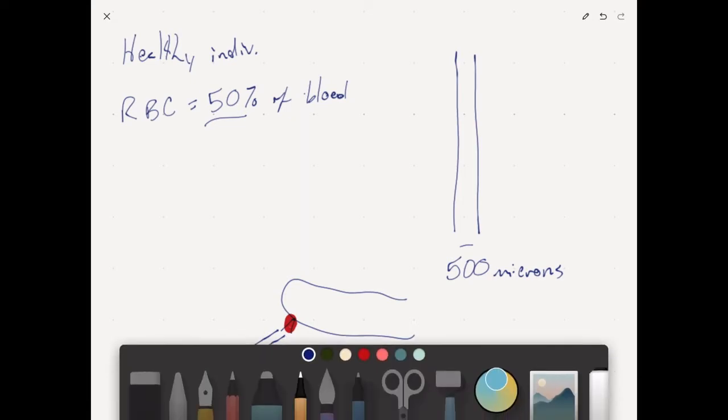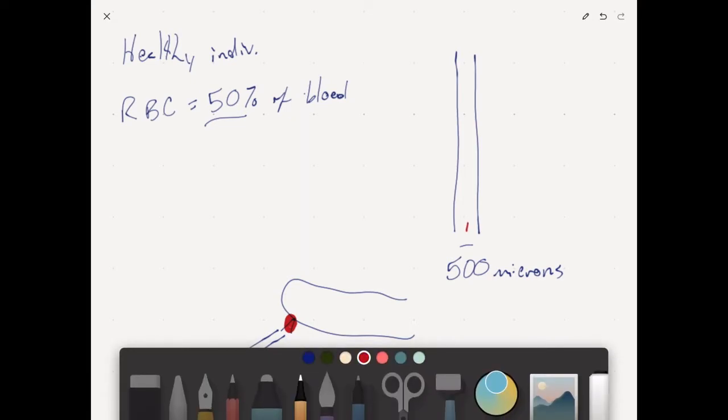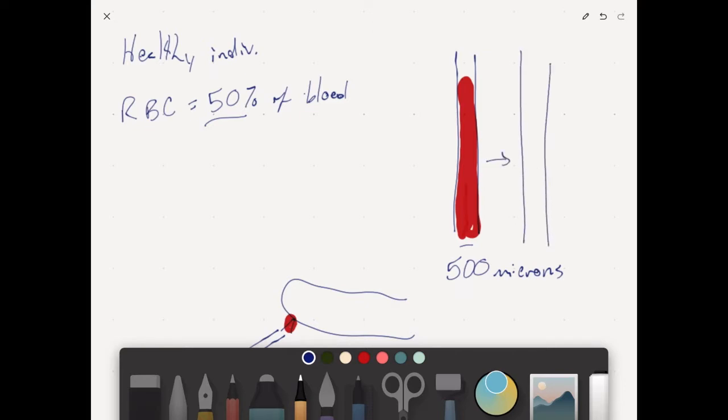And what happens is the blood is going to seep up the capillary tube, filling it, and then they centrifuge or spin around really quickly this capillary tube, and you will end up with something that looks like this.